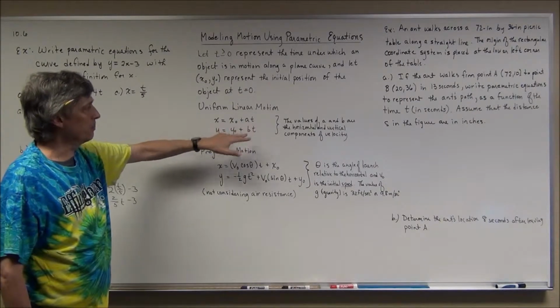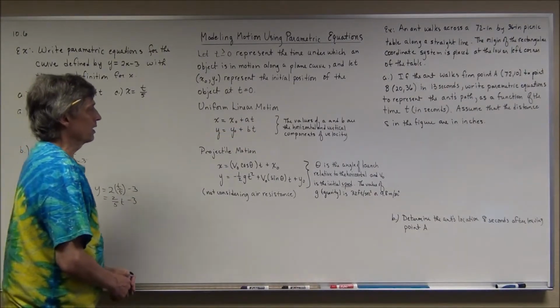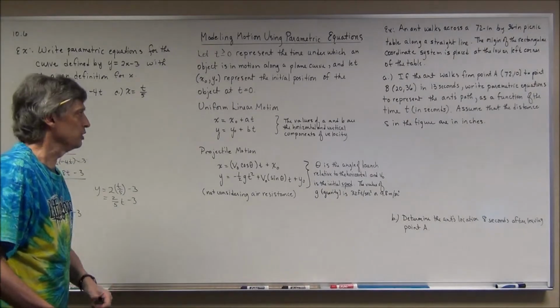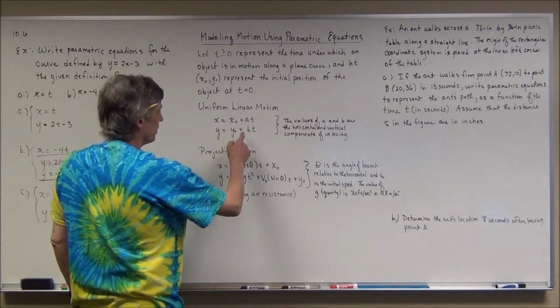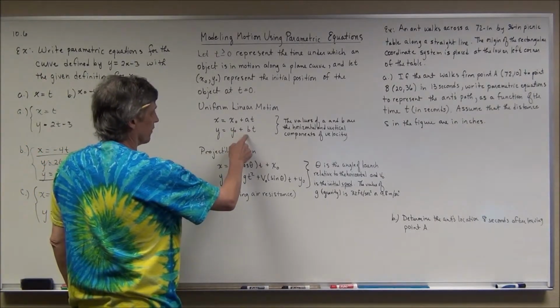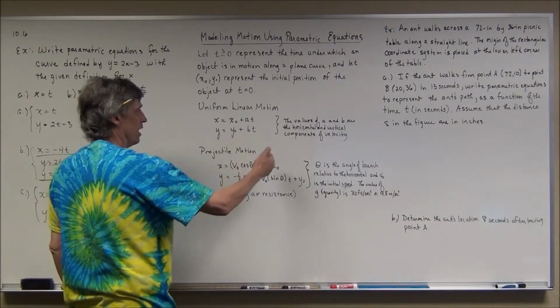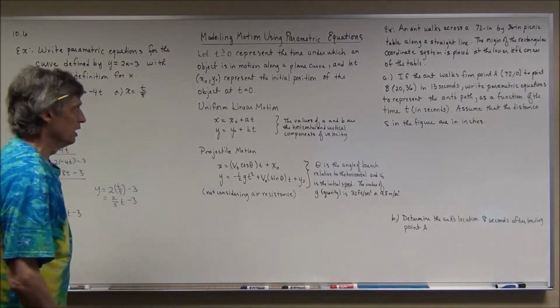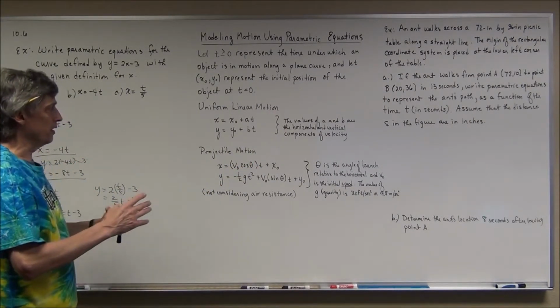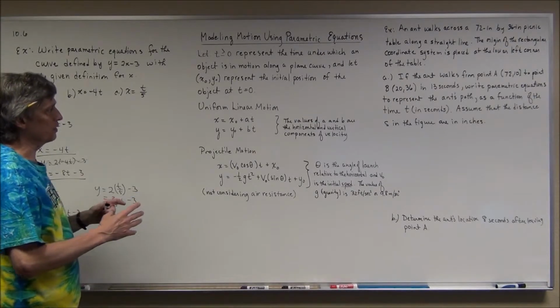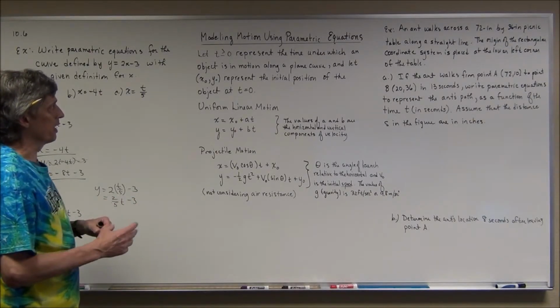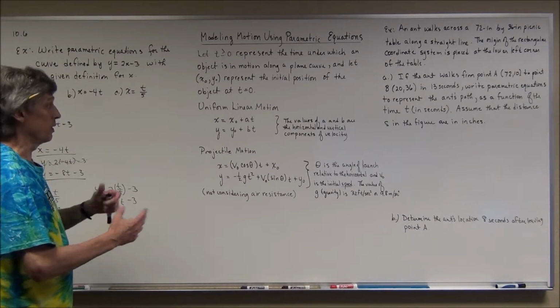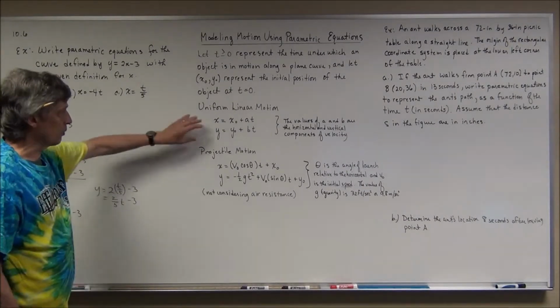The a and the b are going to tell us how fast things are moving along. They represent the horizontal and the vertical components of the velocity. So I like to think of the vector AB as a velocity vector, and that's how we're going to break this apart.